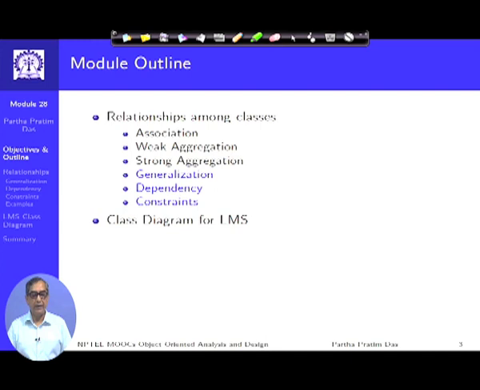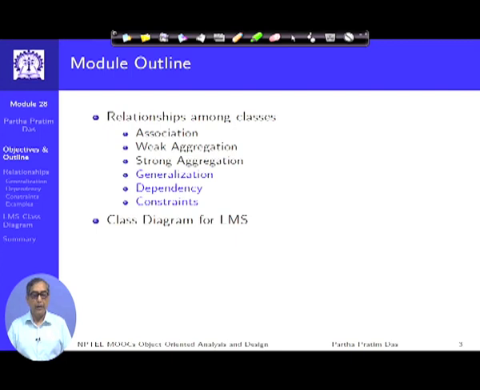There is a reading direction, there is navigability in the association, which basically specifies how one class relates to another. Associations mostly are binary, but they could be ternary or n-ary in general.